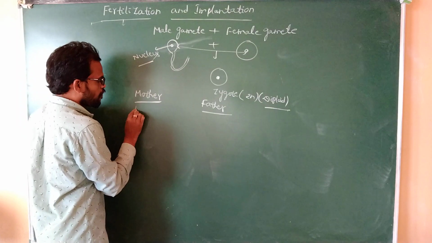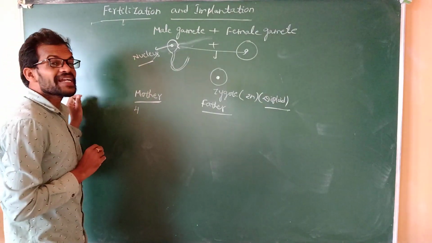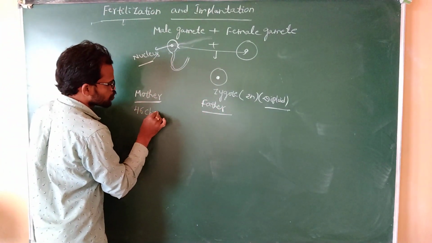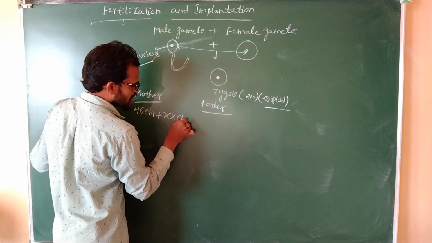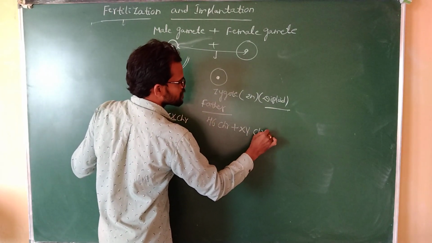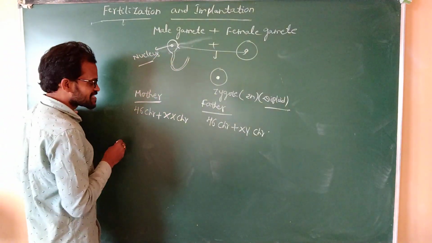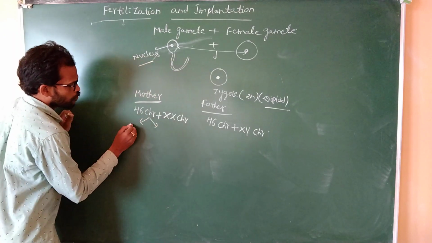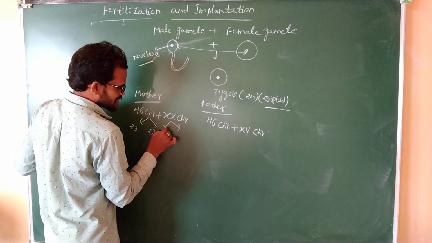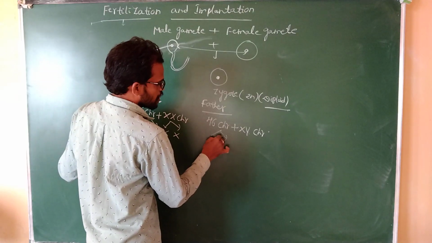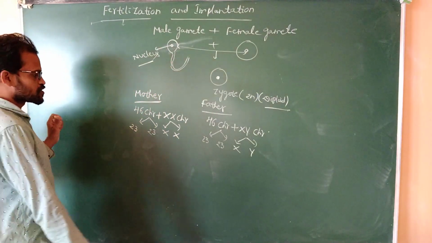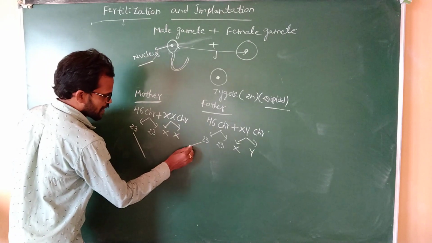The mother has 46 chromosomes, meaning 23 pairs, with XX chromosomes. The father has 46 chromosomes, meaning 23 pairs, with XY chromosomes. 46 means 23 and 23, and the father's are the X and Y chromosomes.